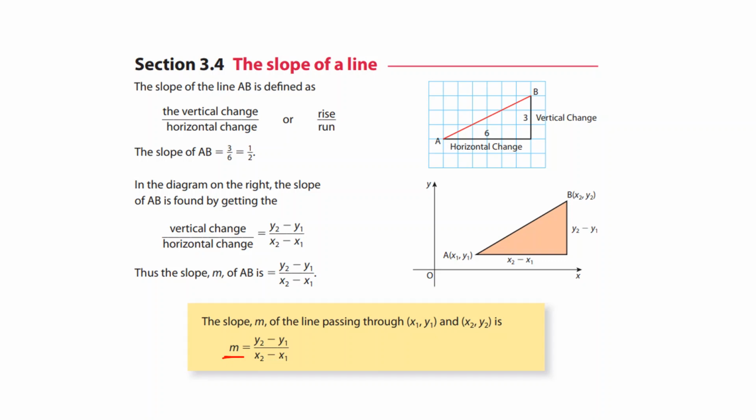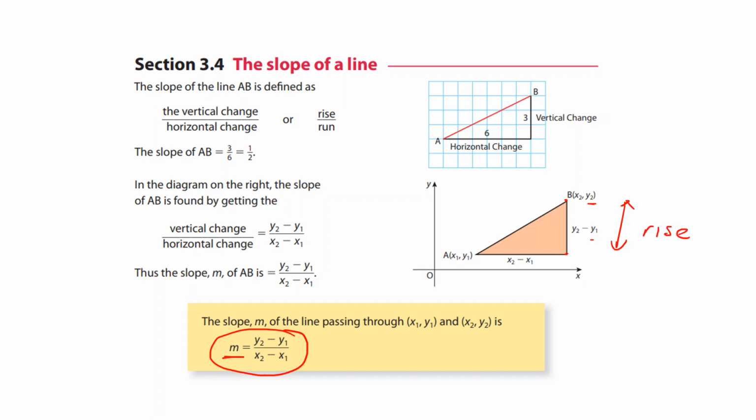And we would mostly use this formula, where back in junior cycle you probably used rise over run, which is the same thing: the vertical change. So the change on the vertical axis, so this is the y-axis. To find the change on the y-axis, you look at this point down to this point, which is y2 minus y1, or it is also the rise, so how much it's rising.